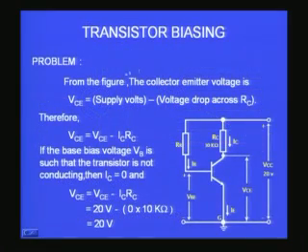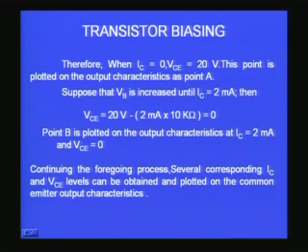Now, I have given a simple example. So, VCE, if I want to measure, will be supply voltage minus voltage drop across RC, that is what is shown in this figure also, and therefore VCE is equal to VCC minus ICRC. If the base bias voltage VB is such that the transistor is not conducting, then IC will become 0 and VCE will become equal to 20, similar to what I already mentioned to you.